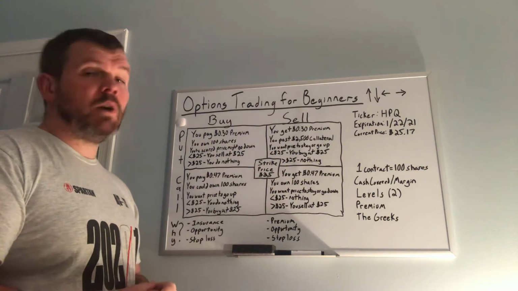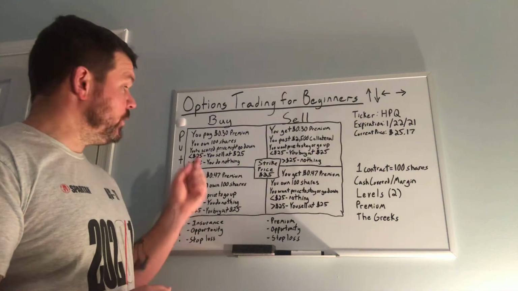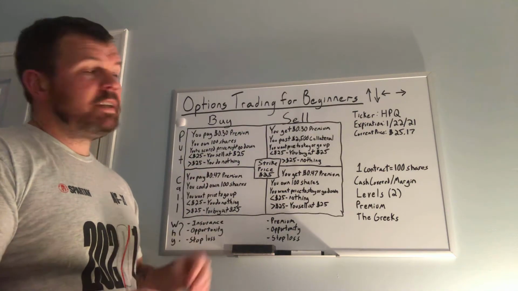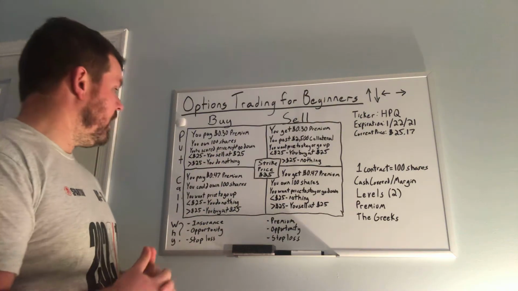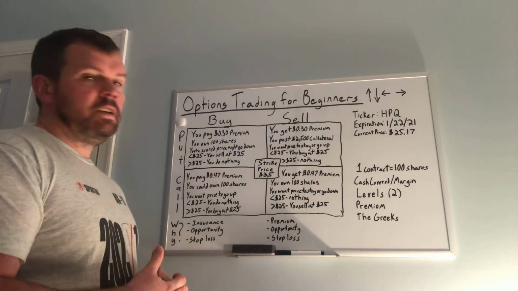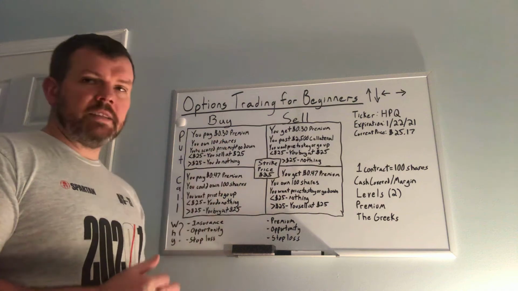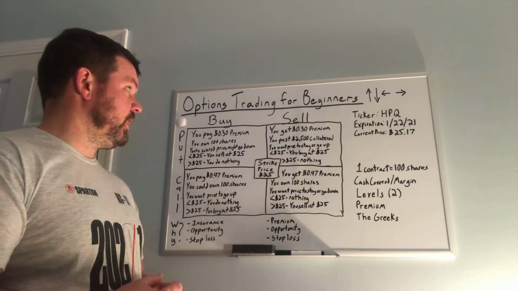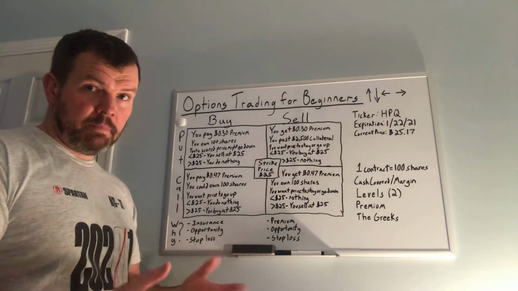So the stock could be $20 by Friday, but you as the buyer of the put, you can still sell it at $25. That is the reason you paid the premium. Hopefully that made sense. If it ends Friday and it's above $25, nothing happens. So worst case scenario, you lost out on $30. 30 cents per share times 100 shares, $30. So that's buying a put.